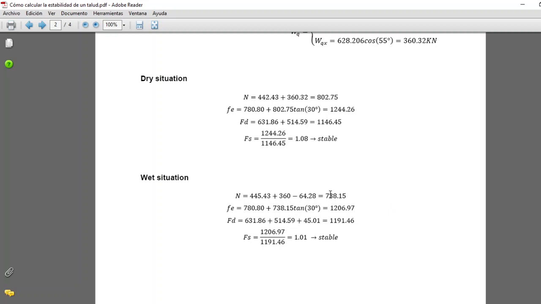And it's the same situation to calculate FS.